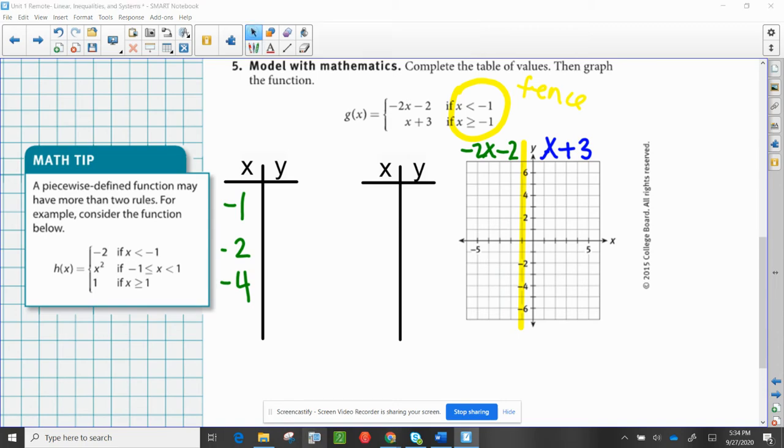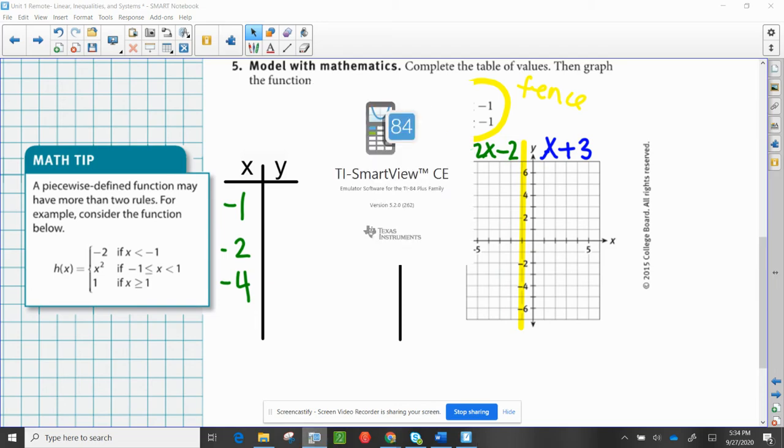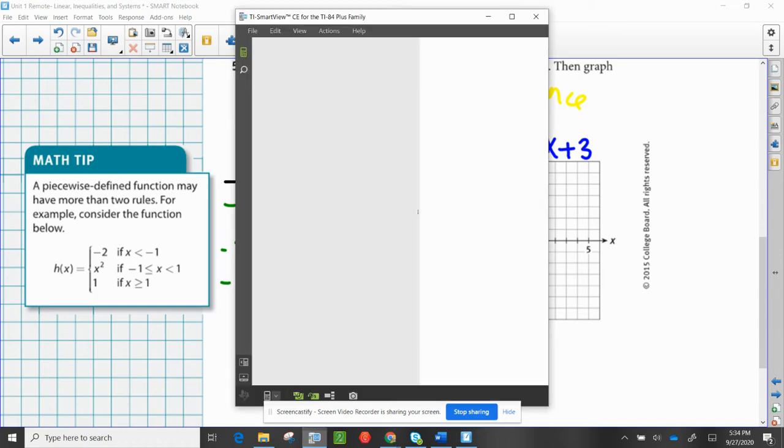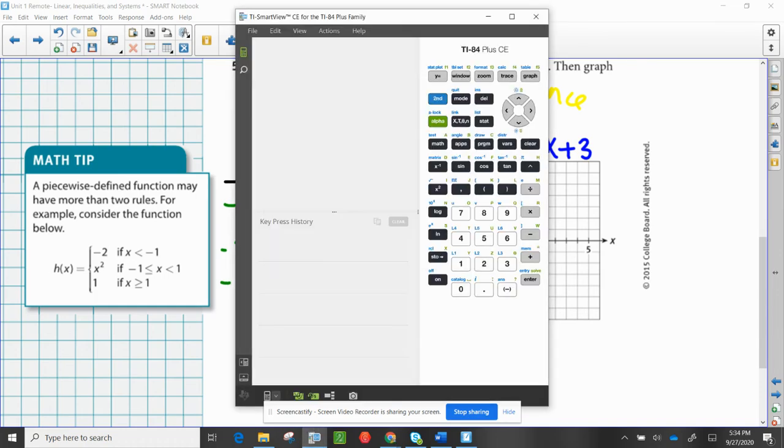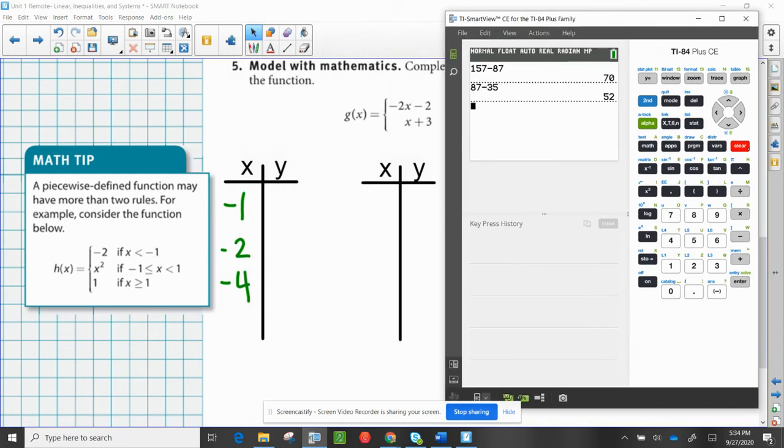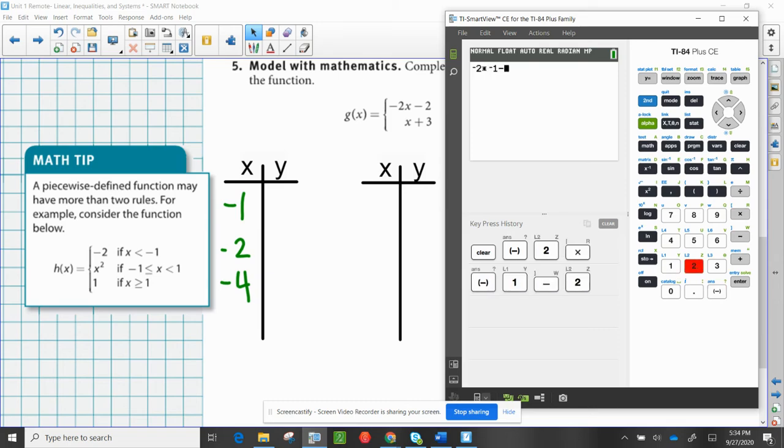Now, if the arithmetic is too much for you, you can always just punch it in the calculator. Your calculator is very smart and it knows all the order of operations. I'm going to load mine here really quick so you can see that. For example, we have the function -2x minus 2. If I plug in -1 for x, what do we get?